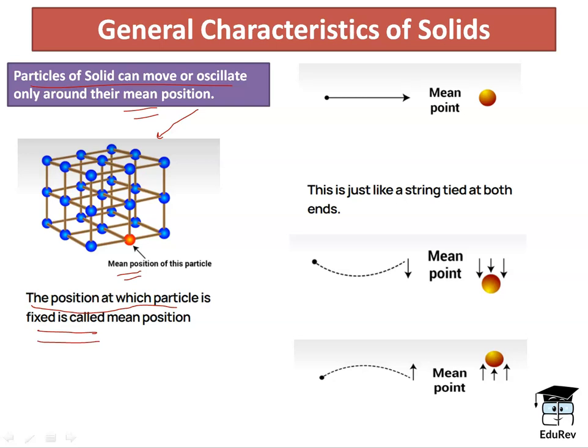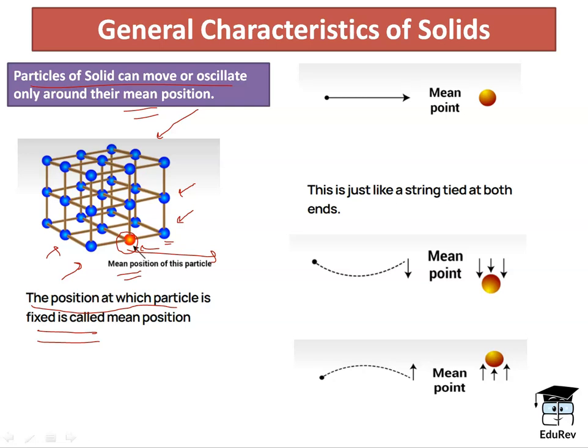This mean position does not oscillate or move, whereas other particles around this mean position oscillate or move with respect to this mean position. This mean position is fixed, but other particles like this one here will move or oscillate with respect to this.